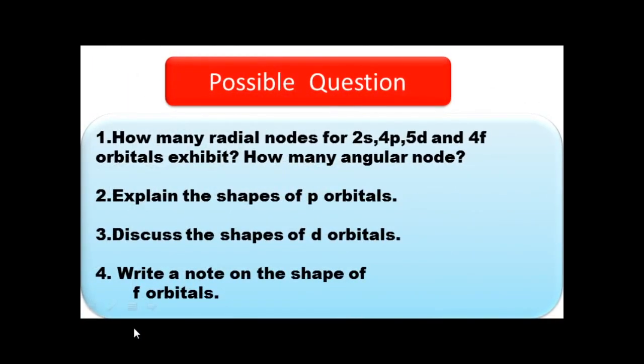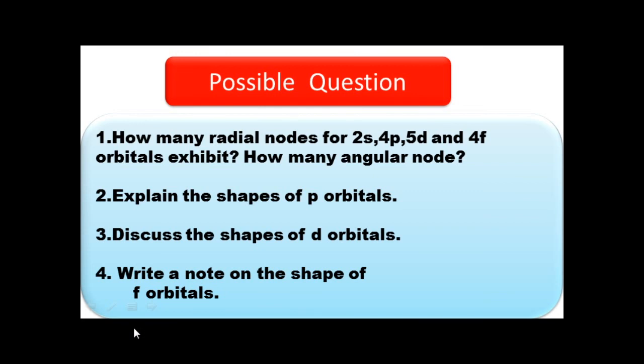The last one, what are the possible questions in this topic? How many radial nodes do the 2s, 4p, 5d and 4f orbitals exhibit? How many angular nodes? You have to calculate angular nodes and radial nodes. How to calculate the angular node and radial node?